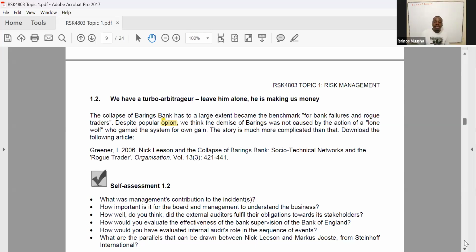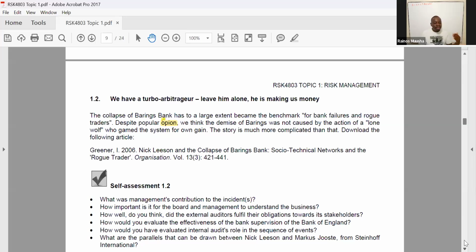He had influence on all these, and because of those loopholes, and the management was just so happy that he's making them billions in profits, they decided that, you know what, this is our money-making machine. He is making a lot of money for us, so let him continue making money.